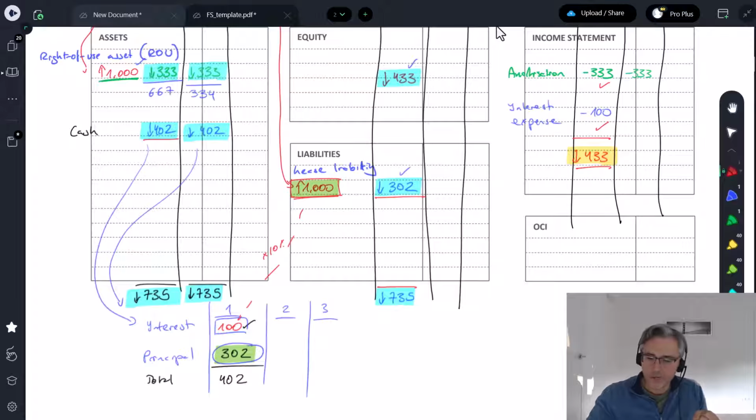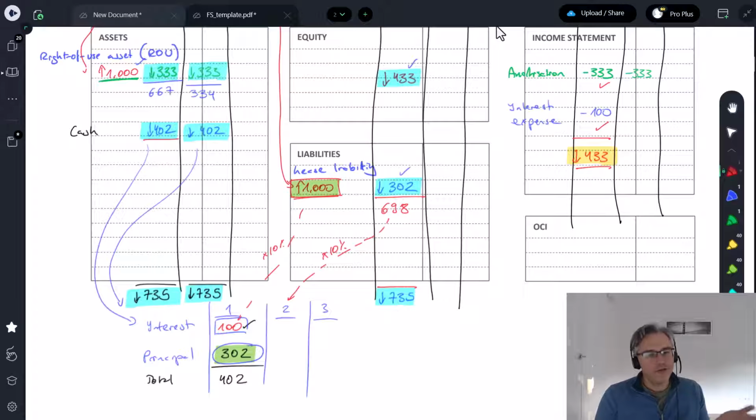It began at 1,000, it dropped by 302, so the balance at the end of the year must have been 698. And the idea is interest relevant to year 2 should be computed on the balance outstanding as at the end of the previous year or beginning of the current year. So once again, I take this and multiply by 10%, but now it's going to, of course, give a lower amount.